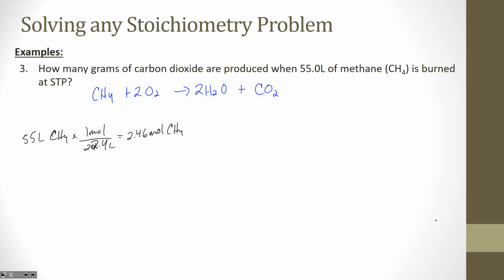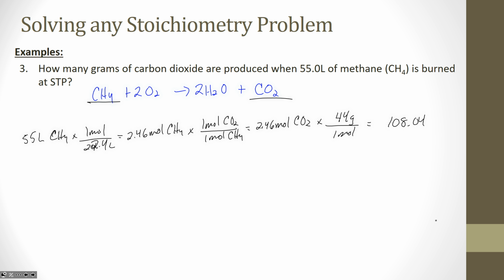And now we need to go to carbon dioxide again, so it's still the 1-to-1 ratio, 1 mole of CO2 for every 1 mole of CH4, so 2.46 moles of CO2. And now we're going to convert this to grams, so 44 grams per 1 mole gives me 108.04 grams of CO2. And there's your answer.